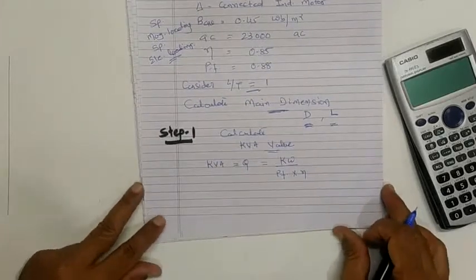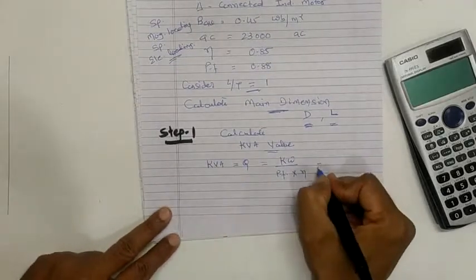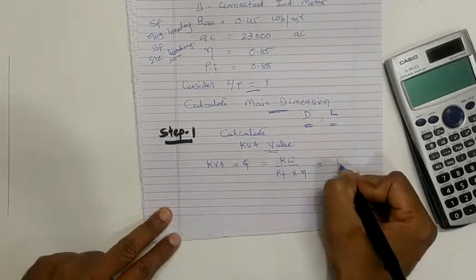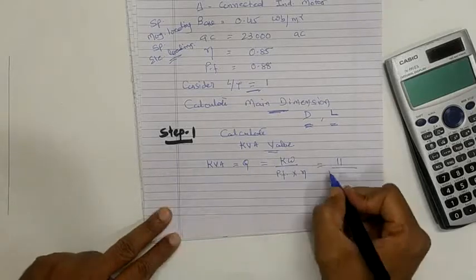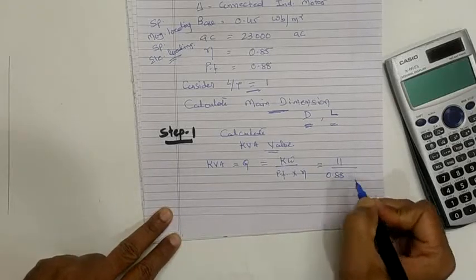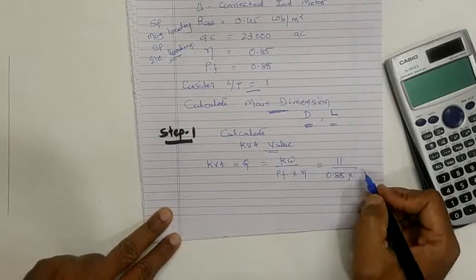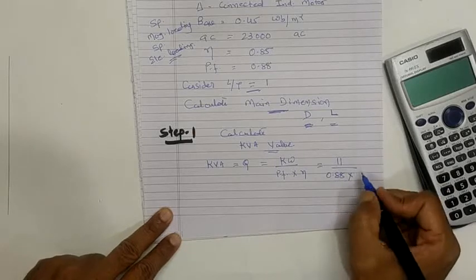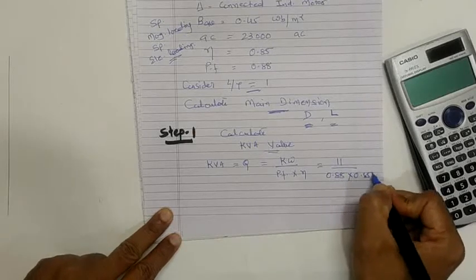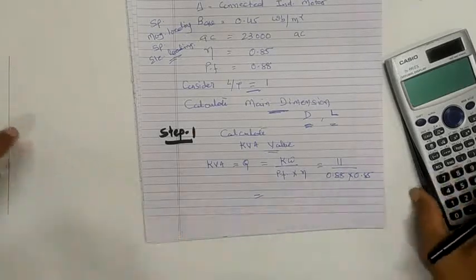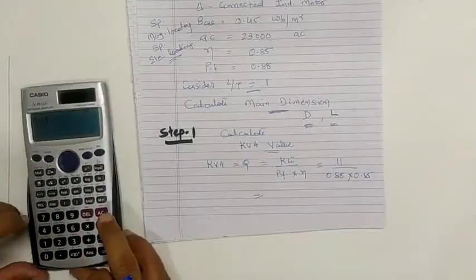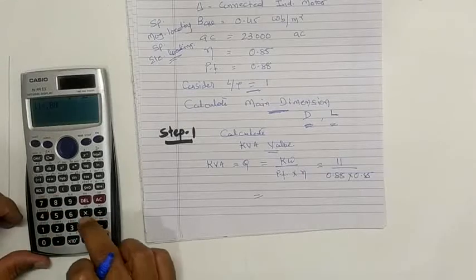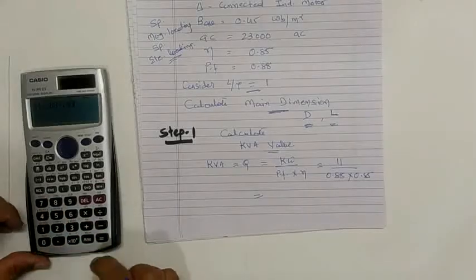Kilowatt is given as 11 kilowatt, power factor is given 0.88, and efficiency is given 0.85. So let us calculate 11 divided by 0.88 divided by 0.85.